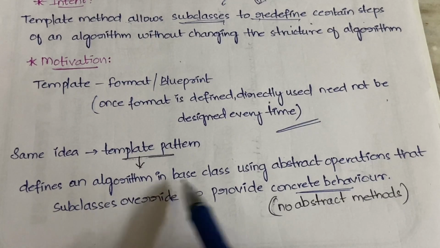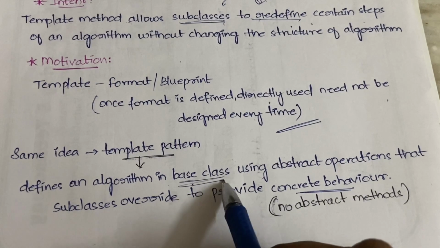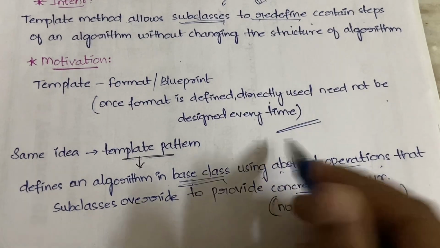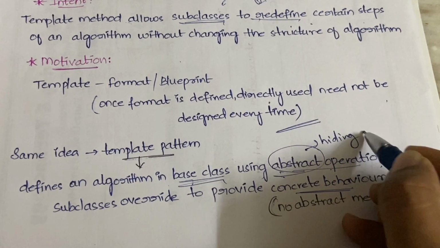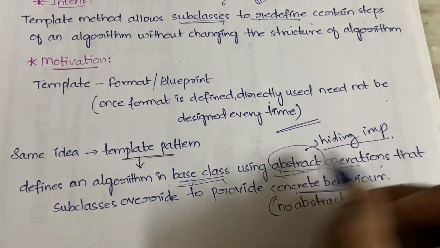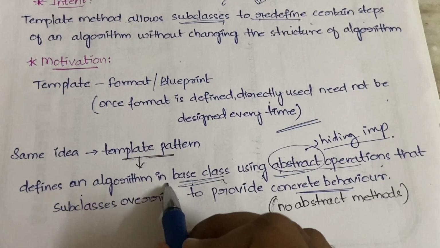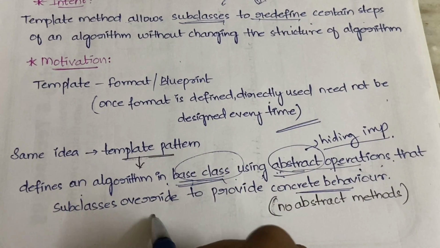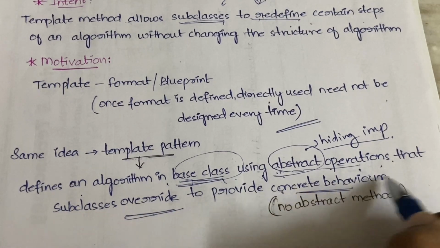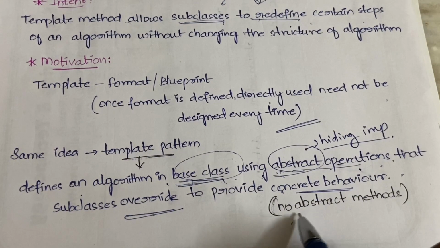It will define an algorithm in the base class. You know what a base class is, right? Using abstract operations, and you know what abstraction is: hiding the implementation part. It defines an algorithm in the base class using some abstract operations that subclasses will override to provide the concrete behavior. Concrete behavior is nothing but having no abstract methods.